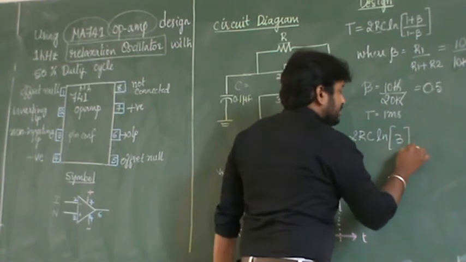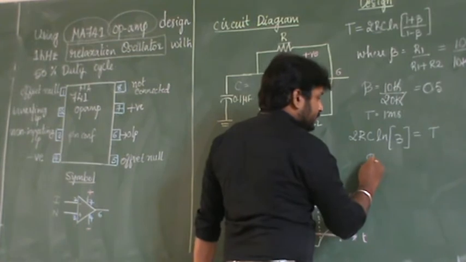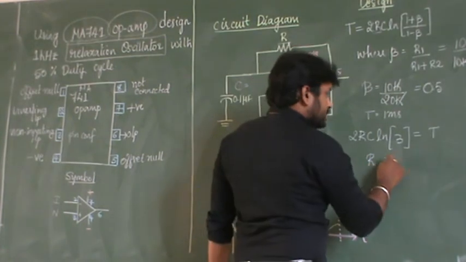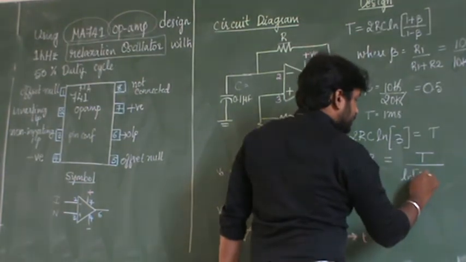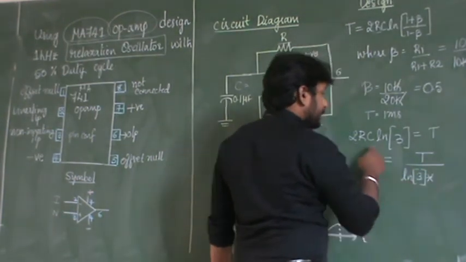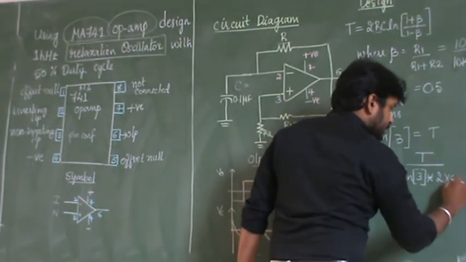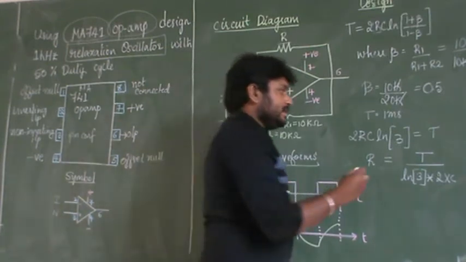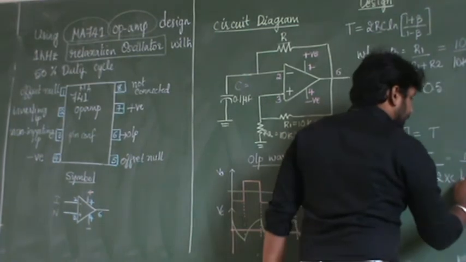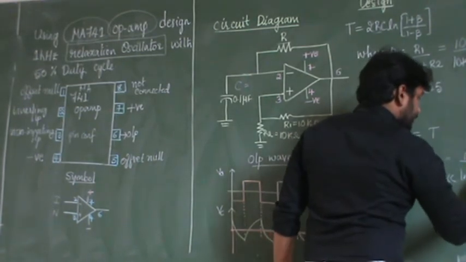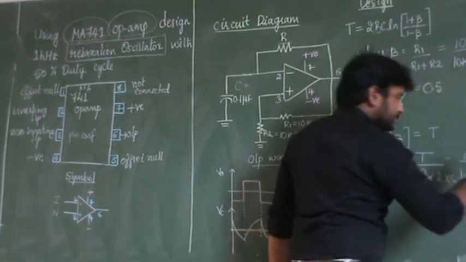So I write 3 here, equals T. Keeping R on my left side, R equals T divided by ln of 3 into 2 into C. Now substitute T equals 1 millisecond: 1 millisecond divided by ln of 3 into 2 into 0.1 microfarad.